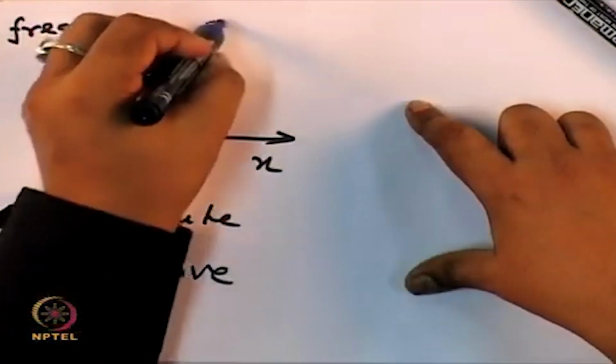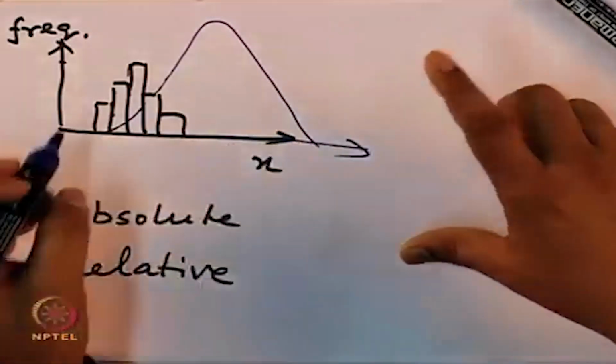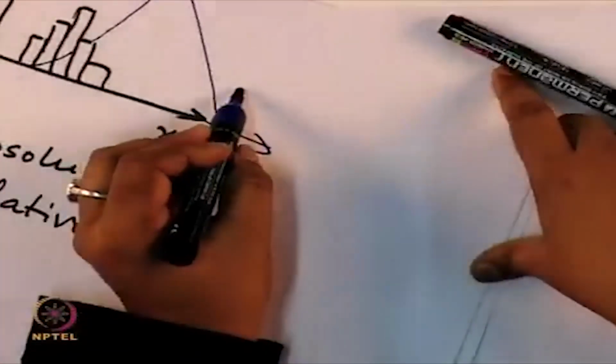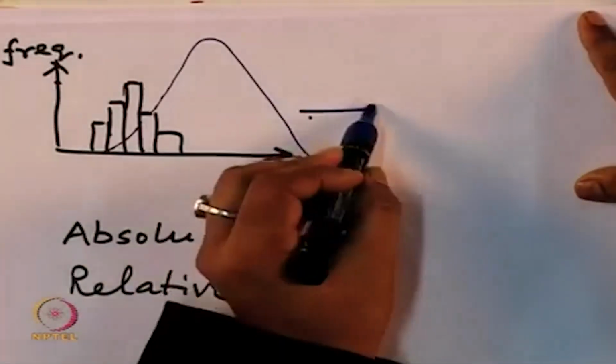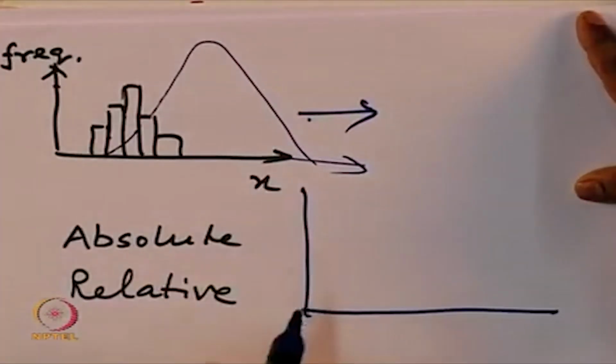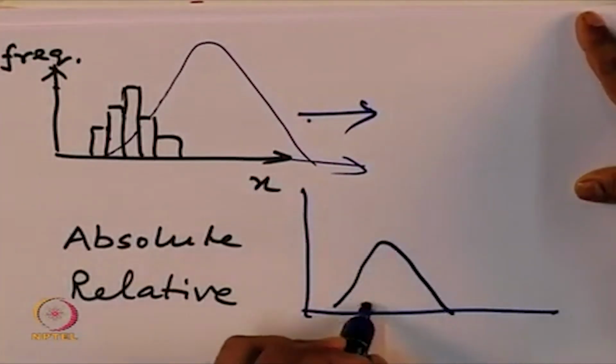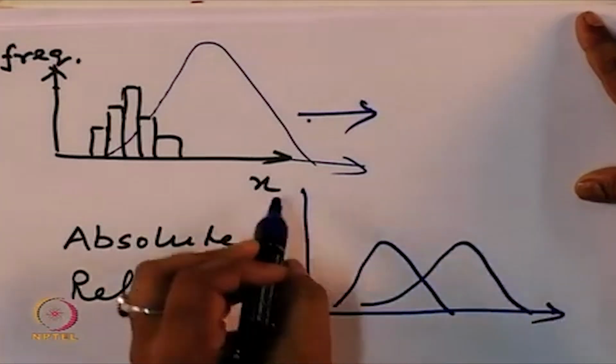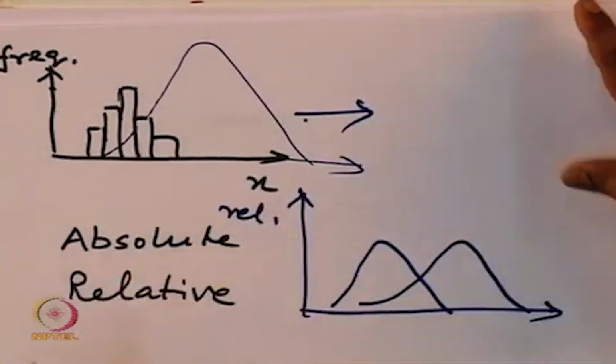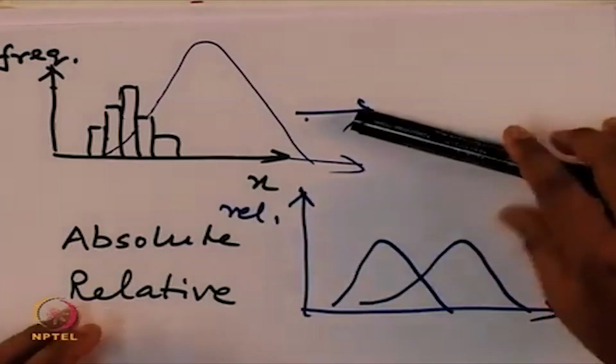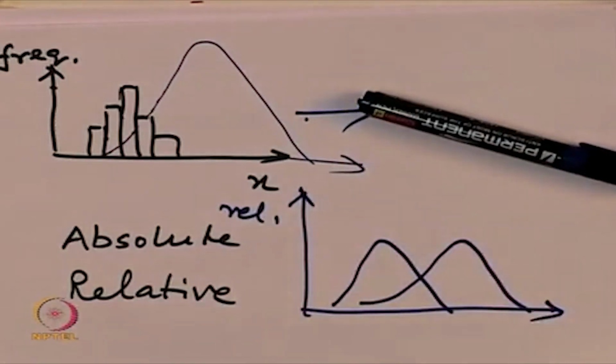If I were to overlay a different plot on this existing plot, it might look like this, but in reality, if you normalize this data, your data might actually look like this. So this is relative frequency, where you divide with respect to the total number of observations.